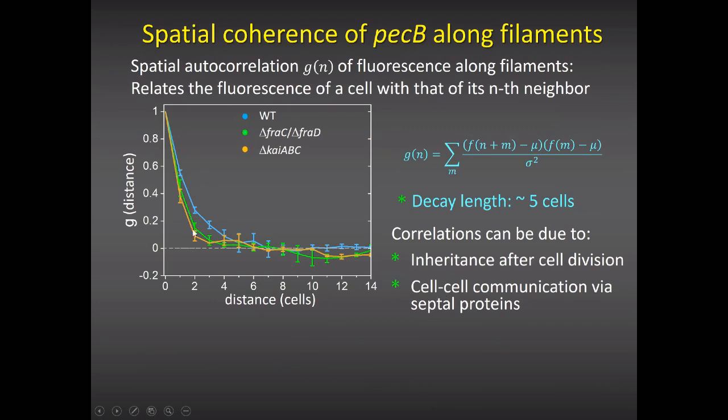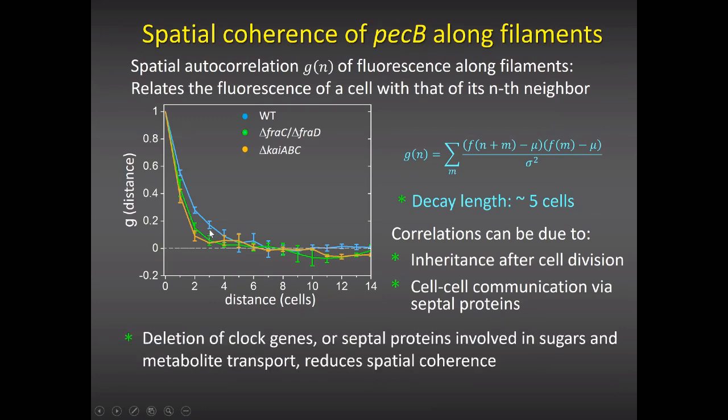And as shown here in green, you can see that the autocorrelation function decays in a length of about 2 cells. Note that a similar decay was observed in the Chi deleted background as well.